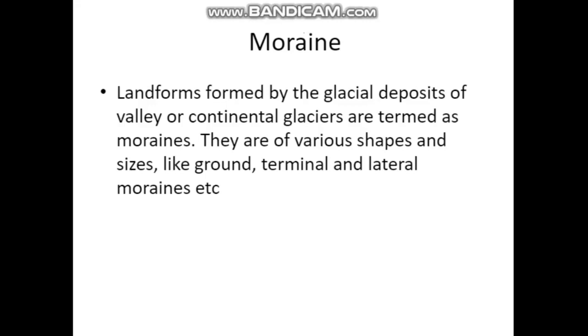They are of various shapes and size like ground, terminal and lateral moraines, etc. So, how this moraines was formed? Landforms formed by the glacial deposit of valley or continental glaciers are termed as moraines. They are of various shapes and size like ground, terminal and lateral moraines, etc.